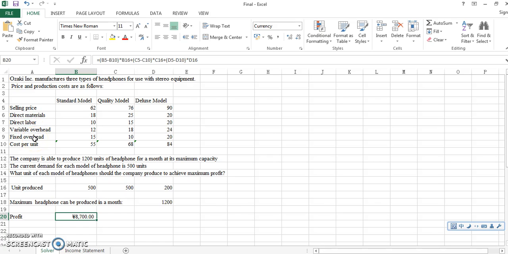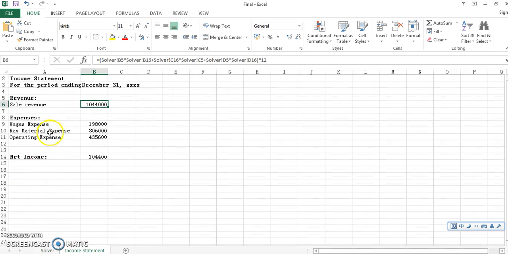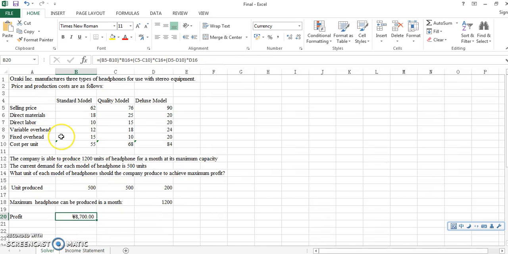There are variable overhead and fixed overhead. I classify them under the operating expense because variable overhead consists of expenses that are hard to trace to each unit of product produced, for example utilities. Fixed overhead consists of expenses that are fixed, for example rent or insurance expense.